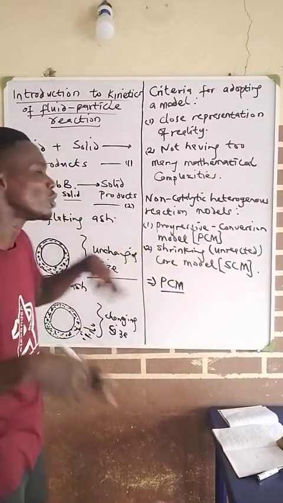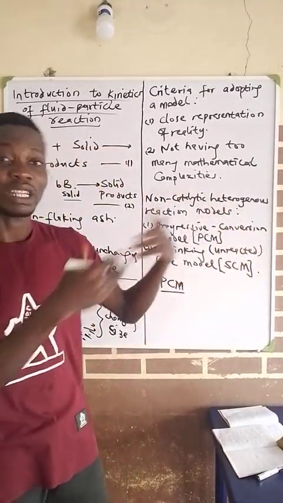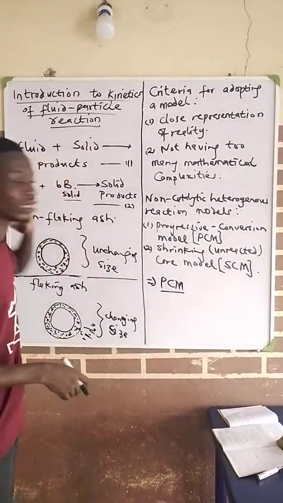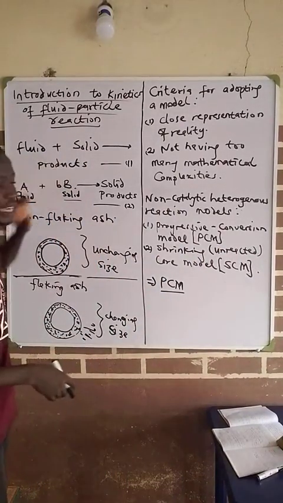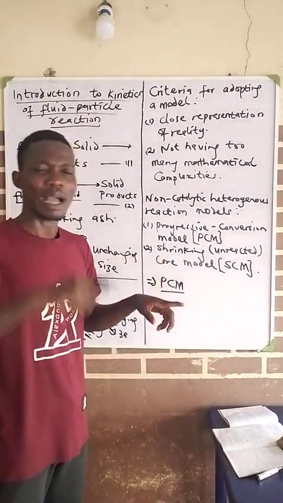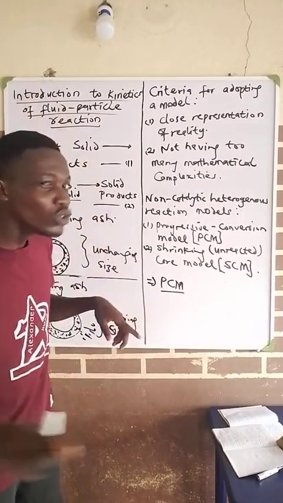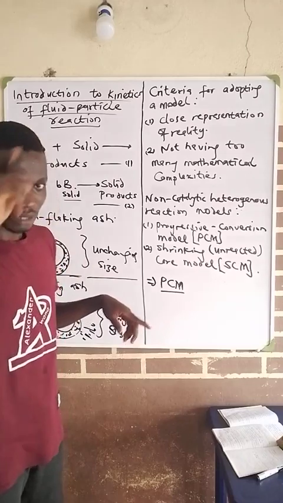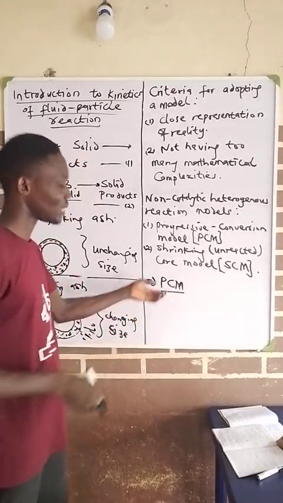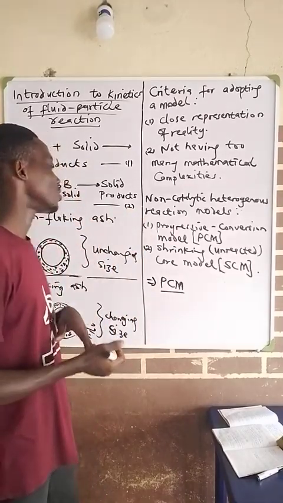It's very simple. We visualize a gas or liquid, that is a fluid, entering the solid reactant, and the reaction happening continuously at the same time throughout the whole solid, but at different rates. That is what the progressive conversion model is all about.